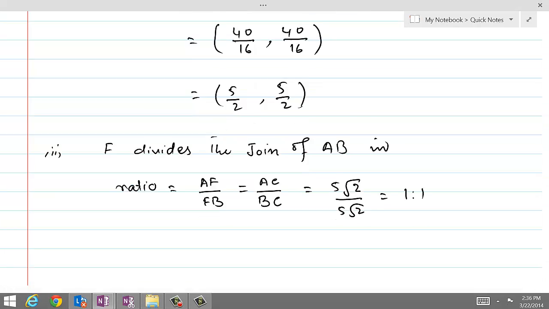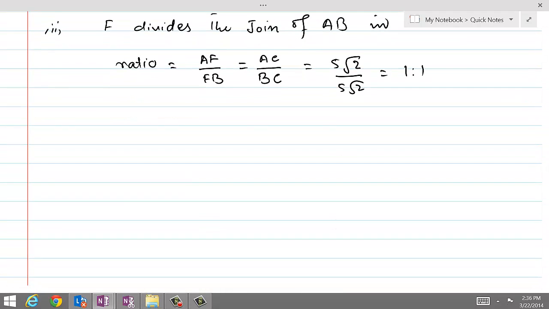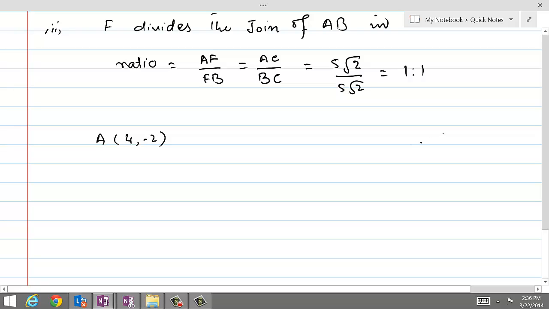because it seems like F is in the middle. So if we have this triangle for which A has coordinates 4, -2, and at the other end there is the point B with coordinates -2, 4, and here is the point F, which divides the join of A and B in ratio 1:1.